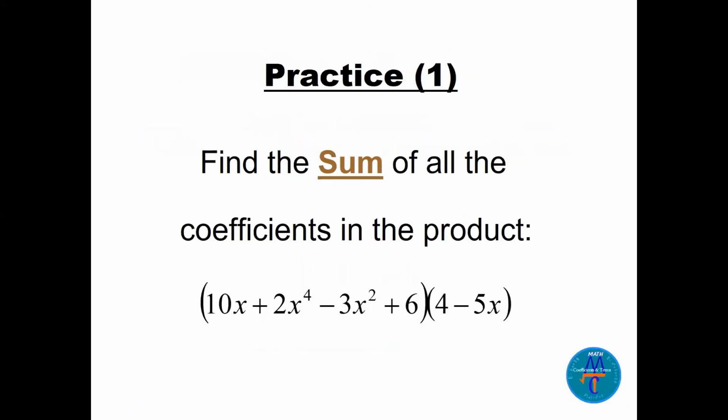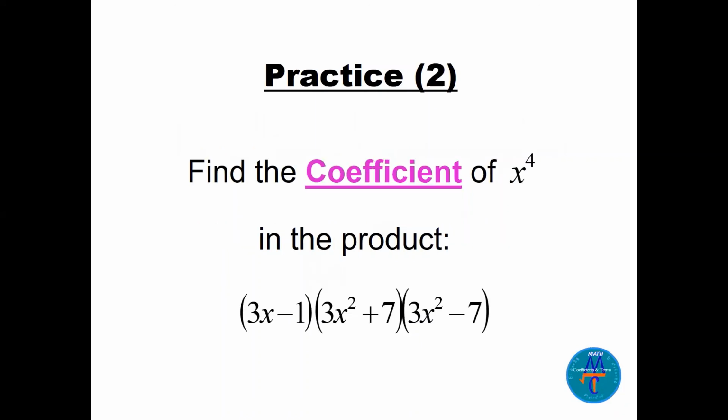Now, usually I leave 3 questions as practice, sometimes 2. Not difficult, but nice to try. Practice number 1: find the sum of all the coefficients in the product. So you have to multiply all of this, find all the coefficients, add them. Now, practice number 2: find the coefficient of x to the power 4 in this product.